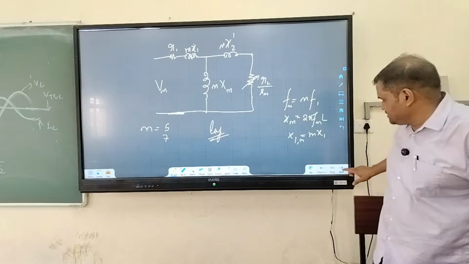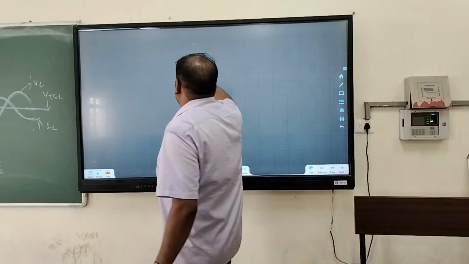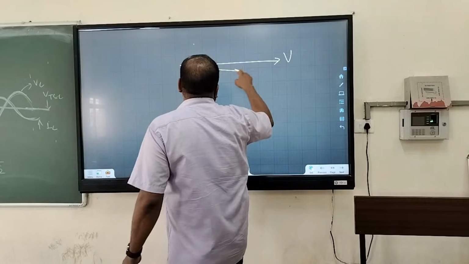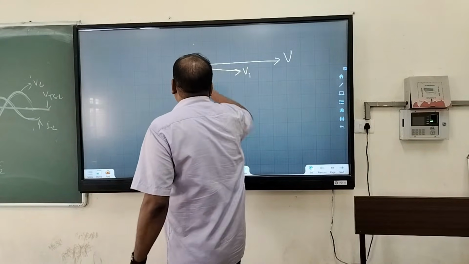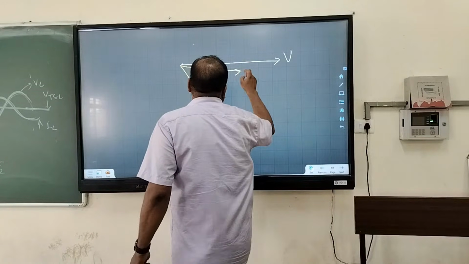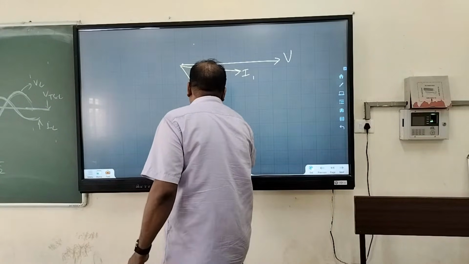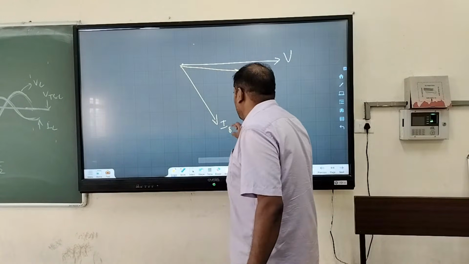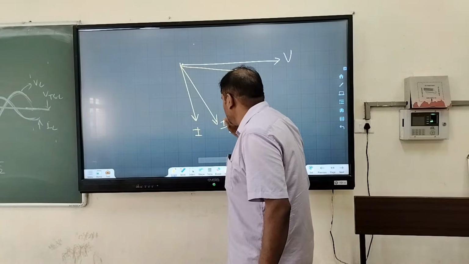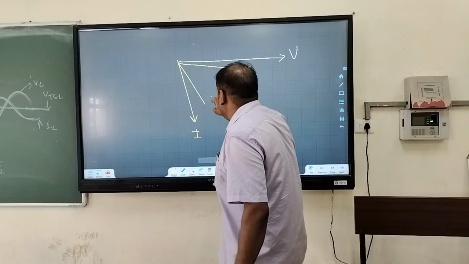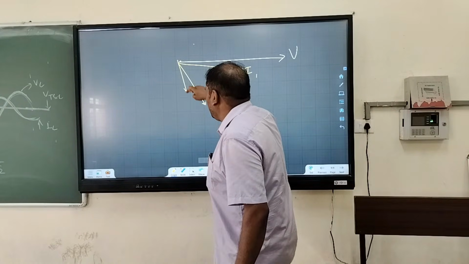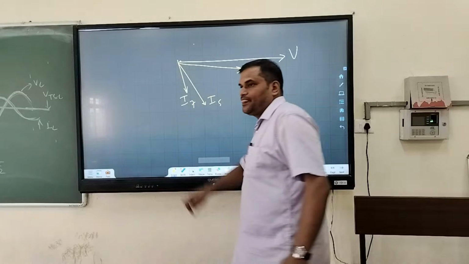If I draw the phasor diagram, suppose this is the supply voltage V. If V1 is here, V5 will be here. If I1 is here, I5 will be here, and I7 will be here.